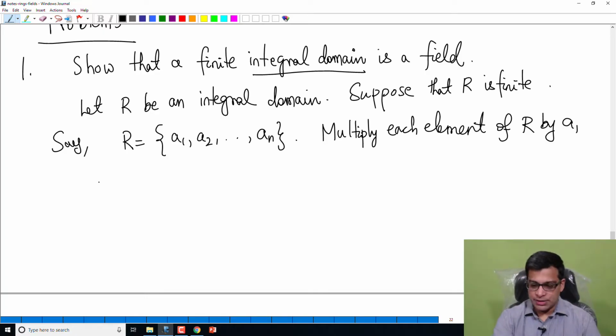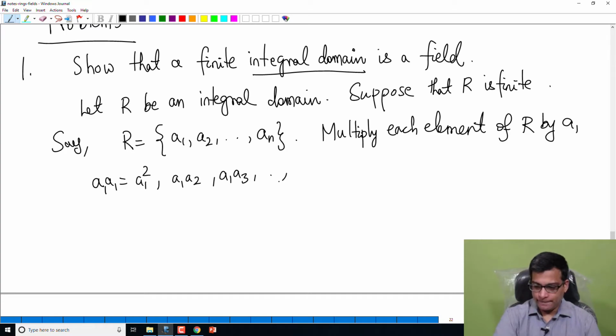So what I'm doing is considering A1 squared, A1 A2, A1 A3, up to A1 AN. So let's consider these elements.